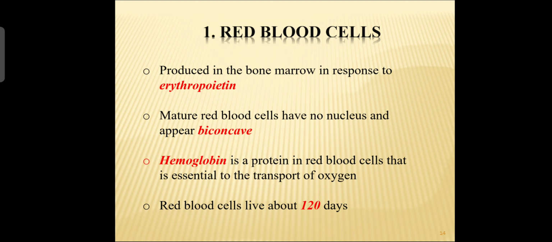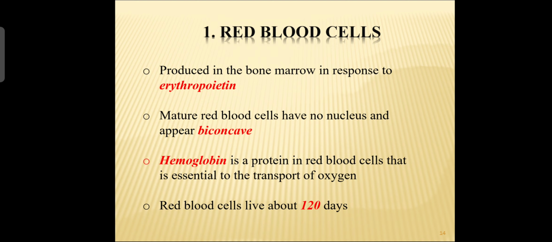So first we will see about the RBC, that is red blood cell. Red blood cells are produced in the bone marrow in response to erythropoietin, that is a protein, which is secreted in the kidney in response to hypoxia.